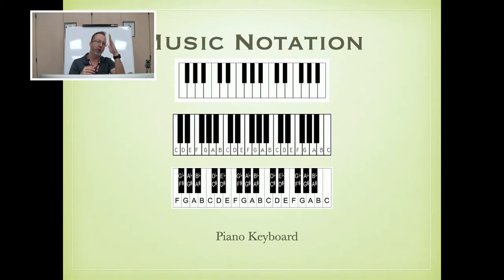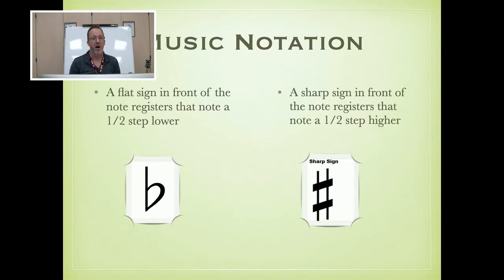So again, if we take the 2 black notes and go one right below it, C, going up is C sharp, and going from the D down is D flat. C sharp and D flat sound the same to our ears but have a different note name, and that's going to be dealing with the key signature, some music theory stuff that I don't expect you to know, but I do expect you to know the term enharmonic. What that means is the note sounds the same, just has a different name.